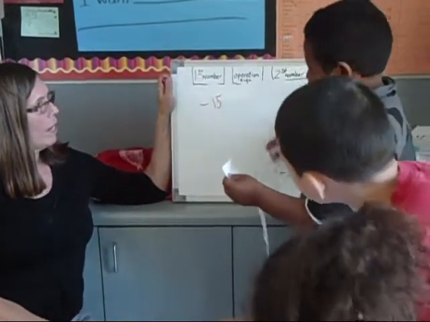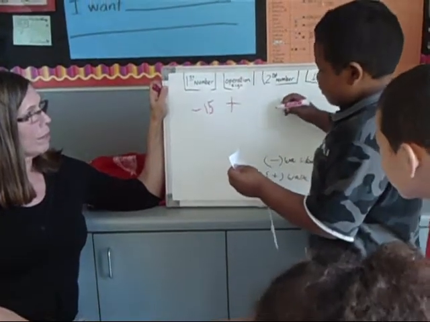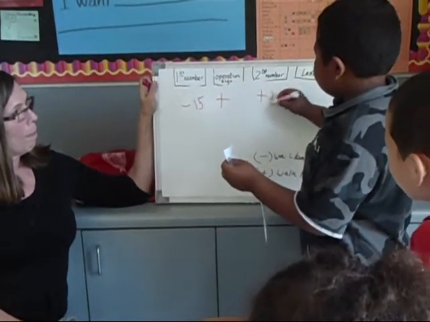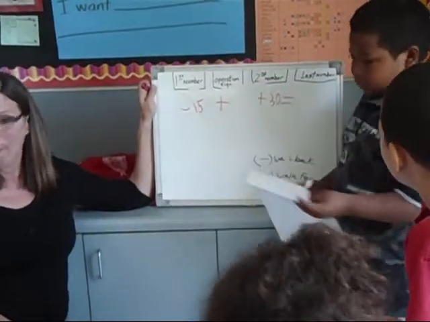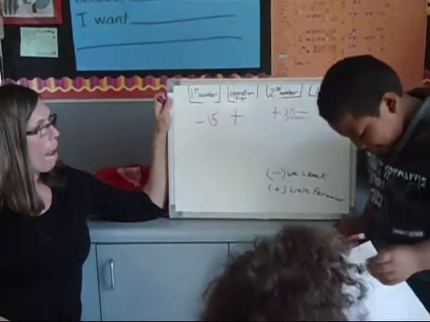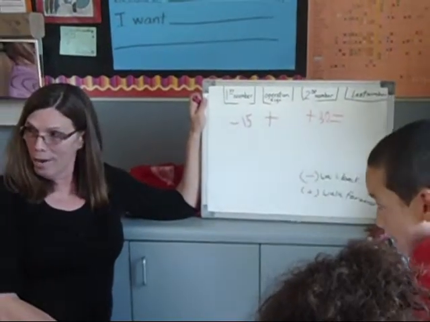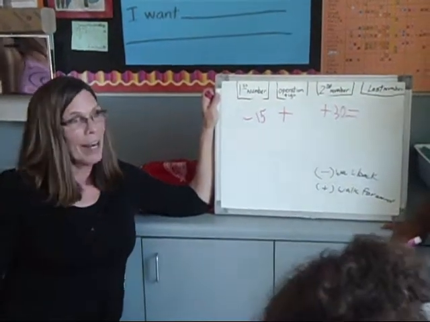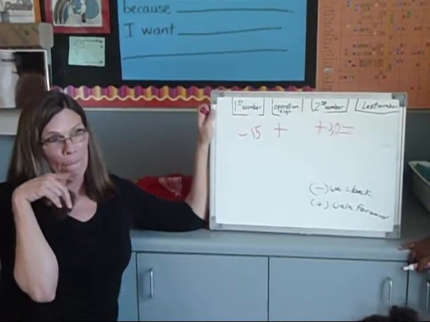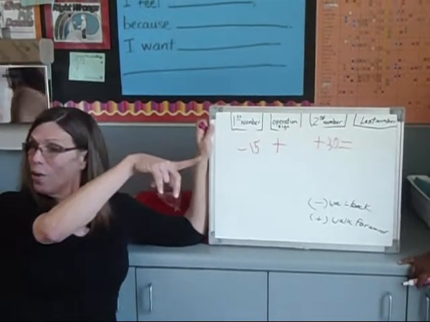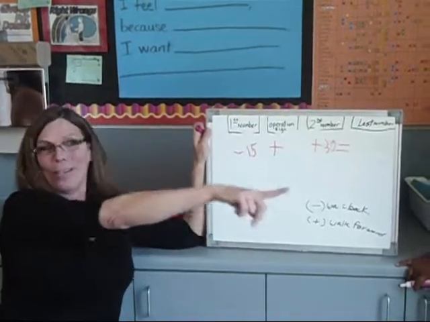Negative 15, all right, plus positive 30. Oh my goodness, good one. So we're starting where? We start on a negative 15. Which way are we going to face? That way. The positive, and we are going to walk that way too.